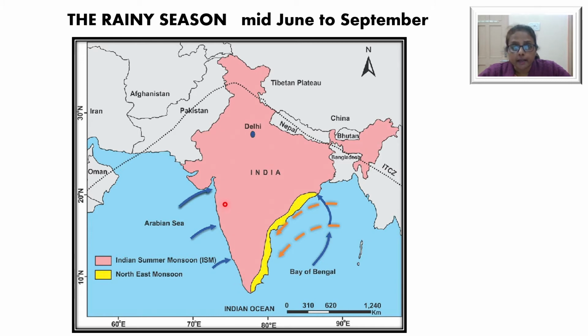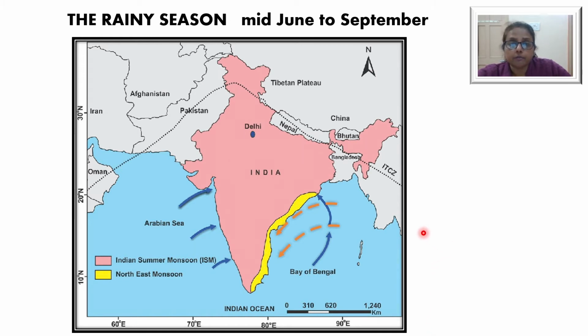The leeward side of the Western Ghats, that is this portion, lies in the rain shadow area, getting about 60 centimeter of rainfall, while the windward side, which is to the western part of the Western Ghats, gets very heavy rainfall.